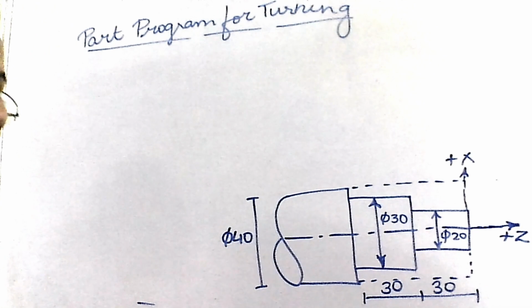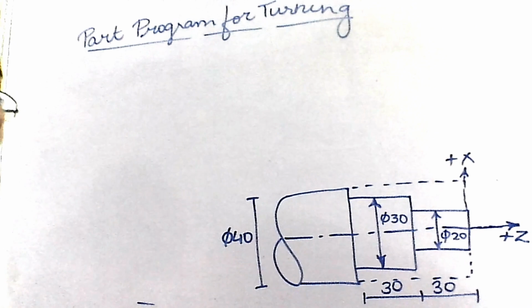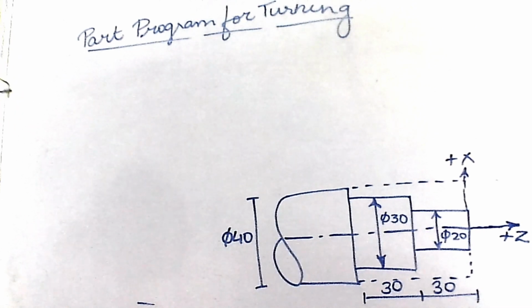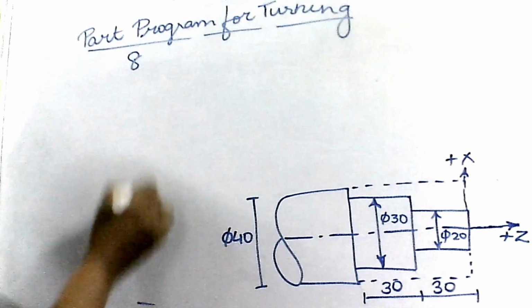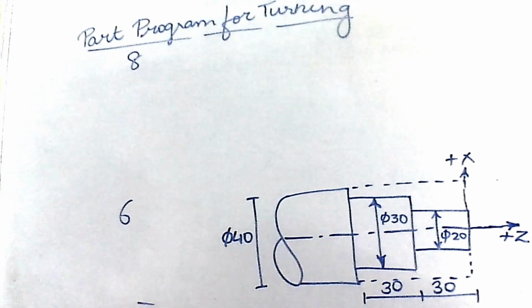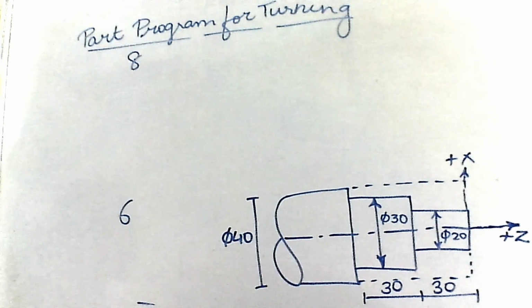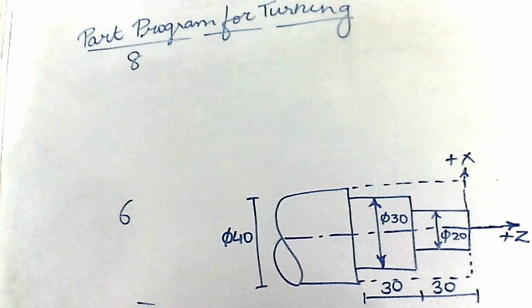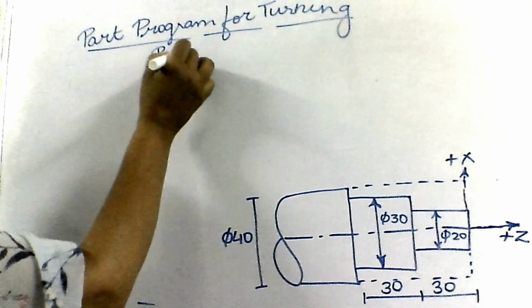In my second video, we saw that there are a few parameters which are common to all turning programs. Out of that, the first 8 and last 8 parameters are the same for all turning operations. So I'll just revise them. First, I have to specify the program number.